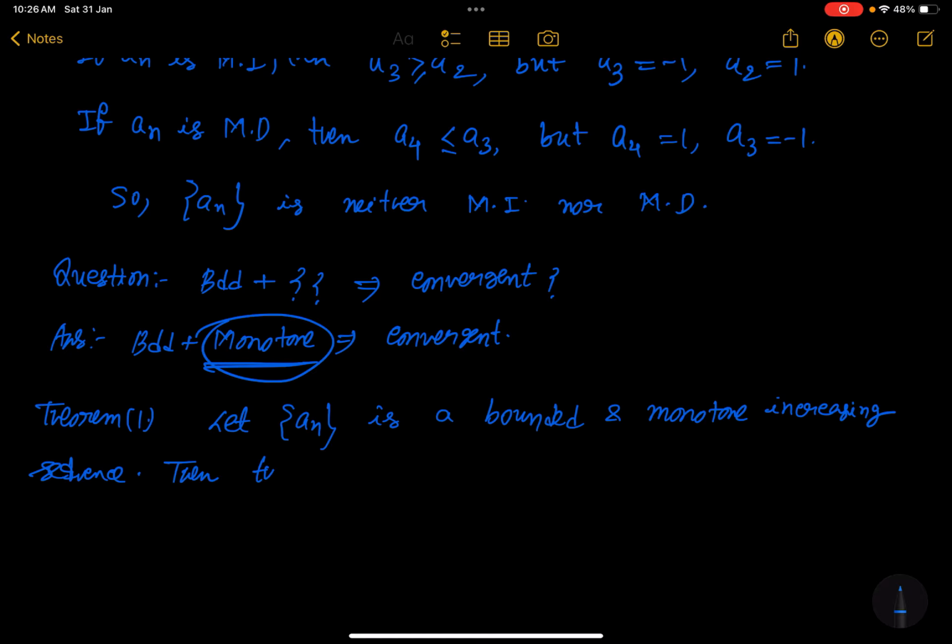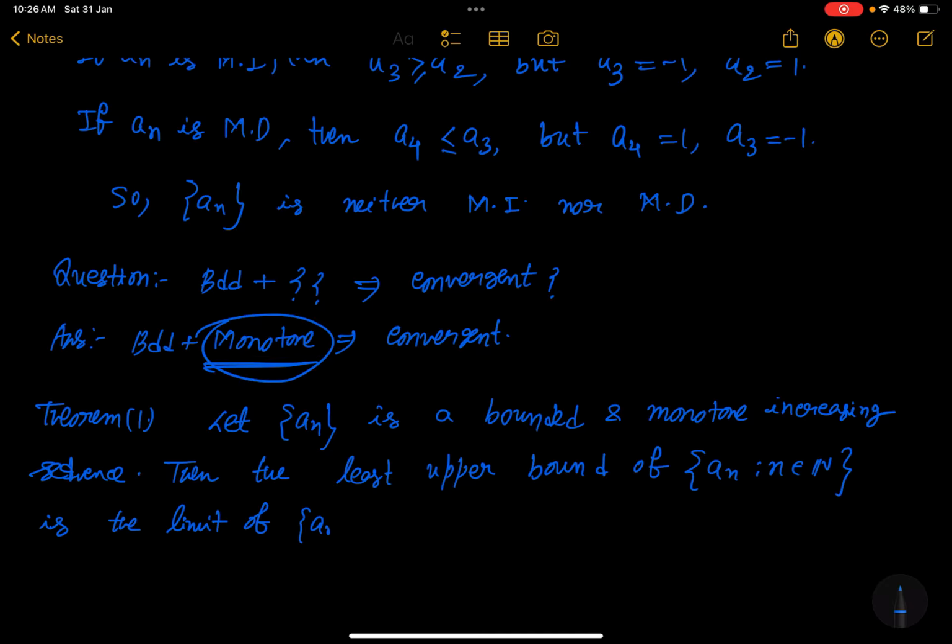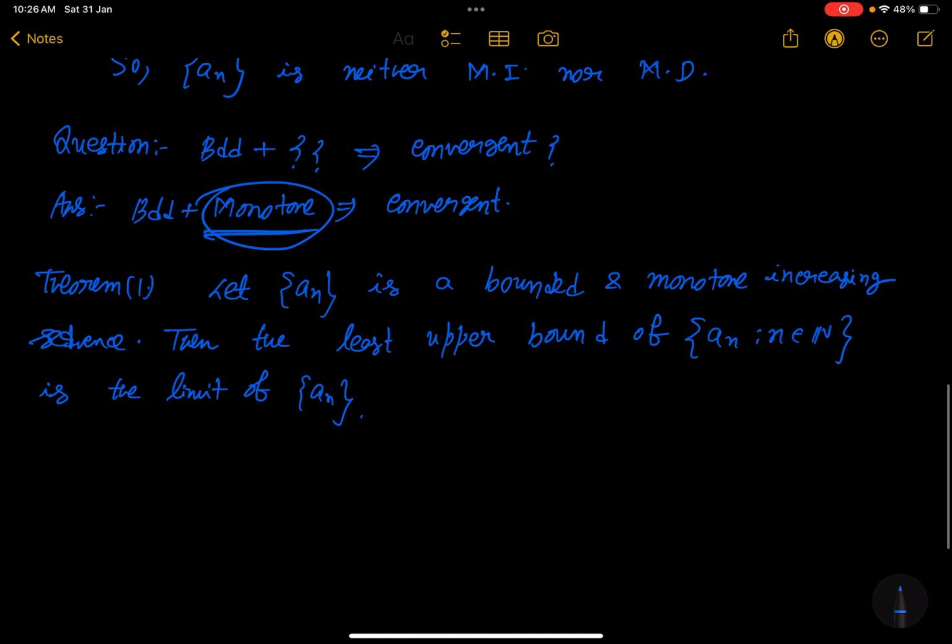Then the least upper bound of this set {a_n} is the limit of the sequence as n goes to infinity.